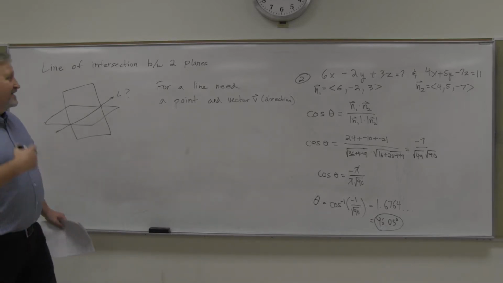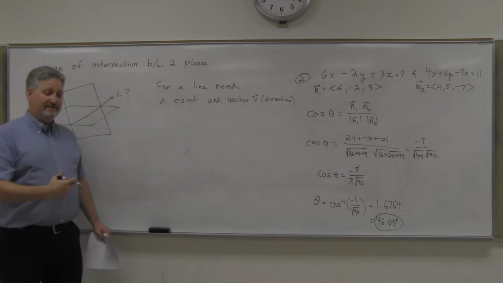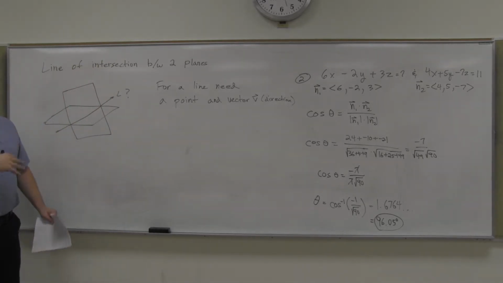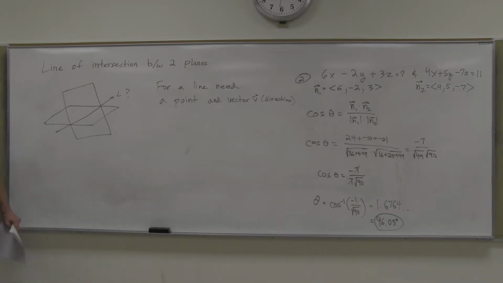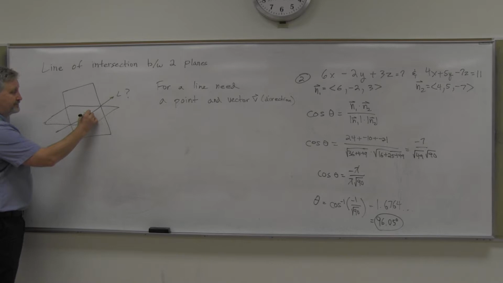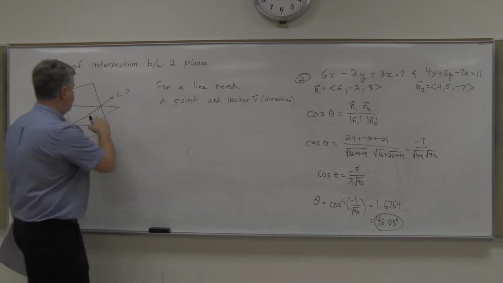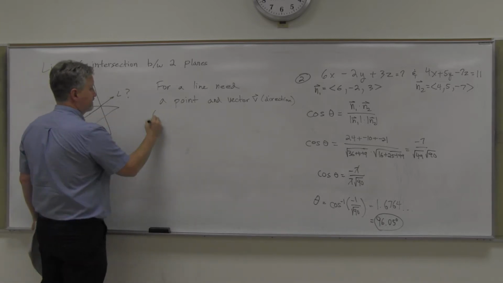In 3 dimensions, the direction is called the vector. So a line needs a point and a vector. I need a point on that line, so it could be any point whatsoever. So what's special about that point? It's in both planes, right? So the point I need is just a point in both planes.